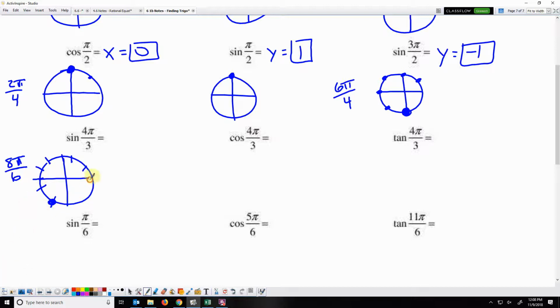Okay, so we're not on one of these 4 points anymore. So sine is the y value, and we've got to think how many positions down that is. There is a little quarter point right in here, so that's 1, 2, 3. That is the third position down. Third position is root 3 over 2. But it's down, so it is negative.